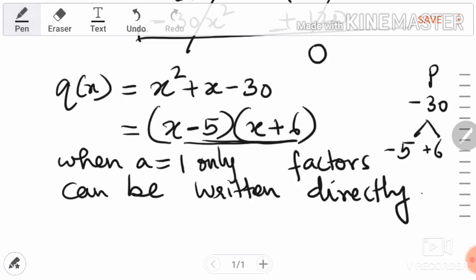Otherwise you have to follow the process of splitting and then finding common.